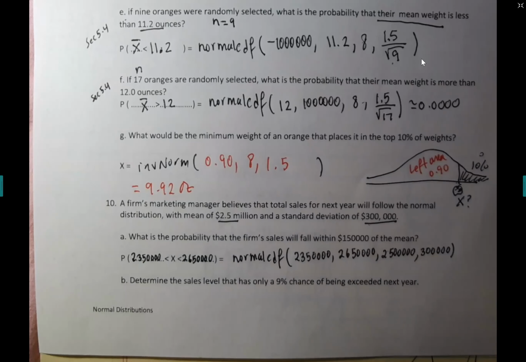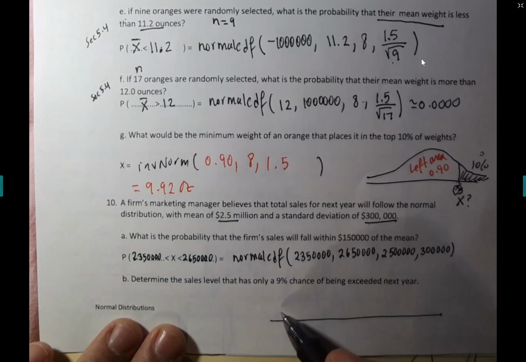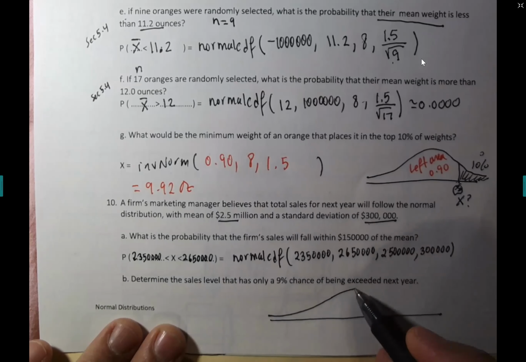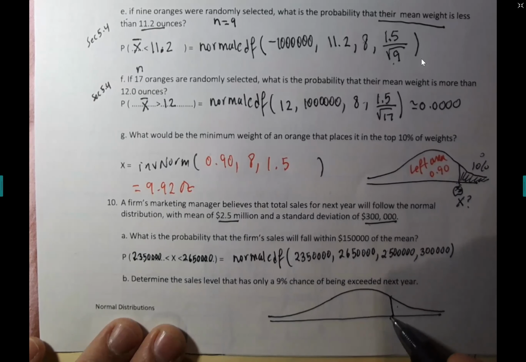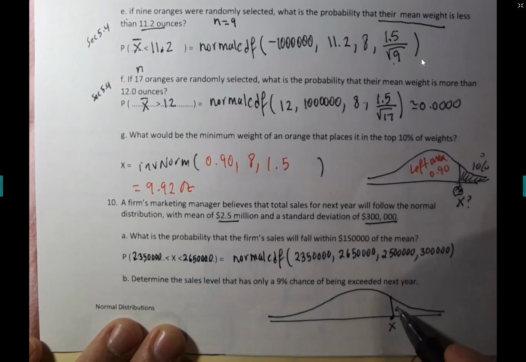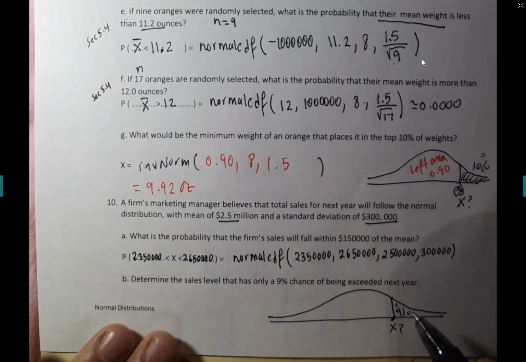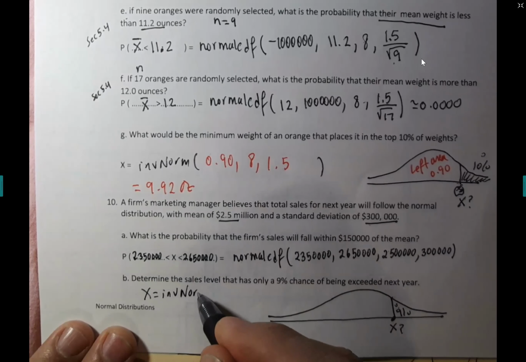Last one. Determine the sales level that has only 9% chance of being exceeded next year. So what would be the sales level that would put someone at the top 9%? Once he gives you guys a percentage, that means he gave you the probability. So that's 9% here. How would I find X? Can you guys help me? So that will be inverse norm.